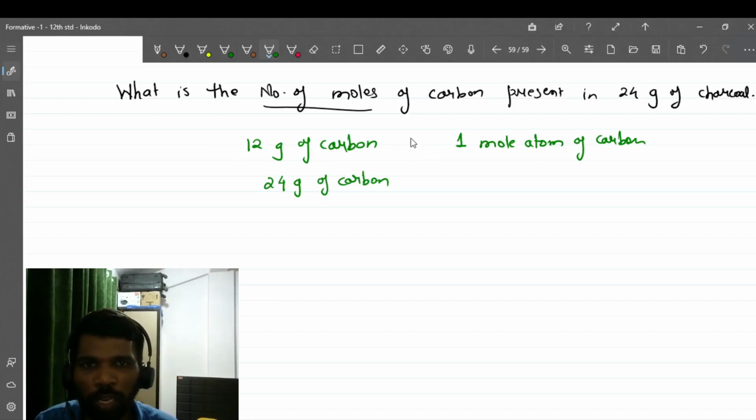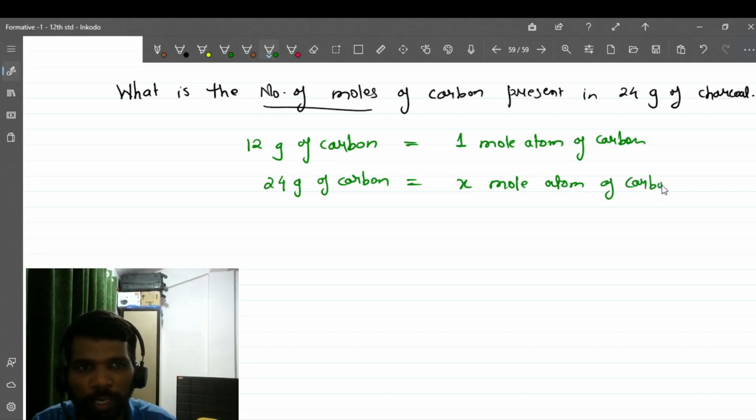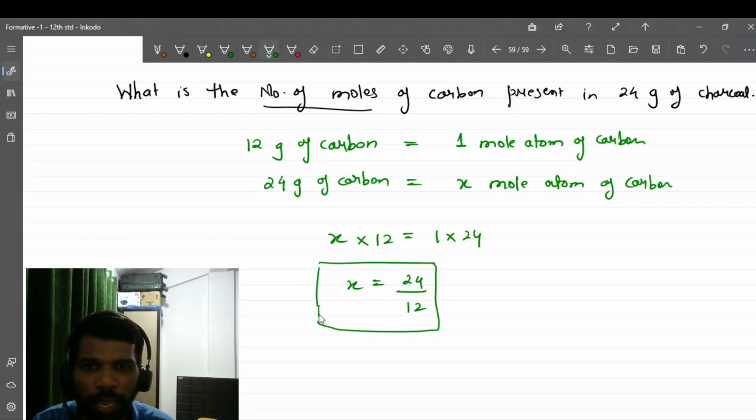I'll put the equal sign: 24 gram will have x mole of atom of carbon. Isn't it very simple? So x into 12 is equal to 1 into 24. So x is equal to 24 by 12. X is telling you the number of moles. X is moles of atom of carbon.